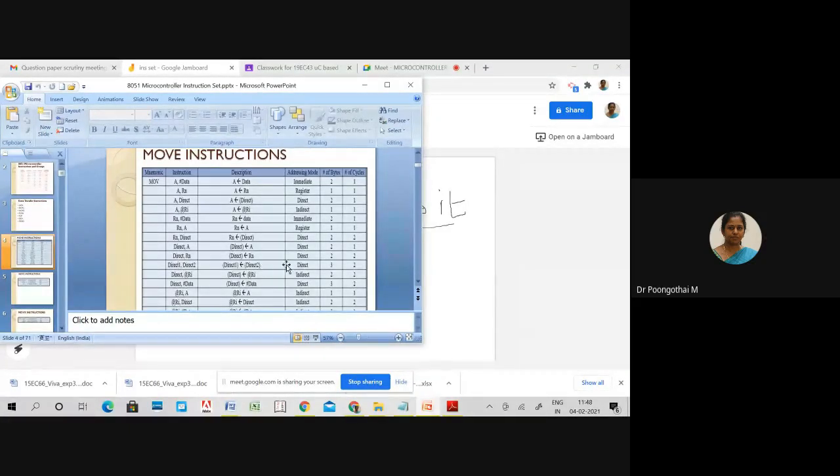Whenever an 8-bit address is present in the instruction, it requires 2 bytes of memory and 2 machine cycles.